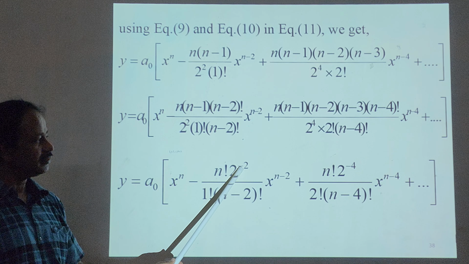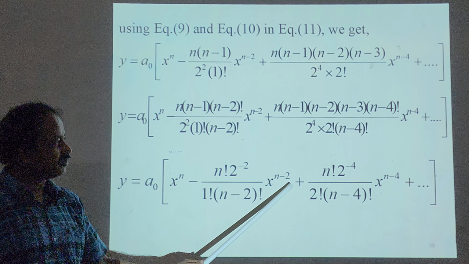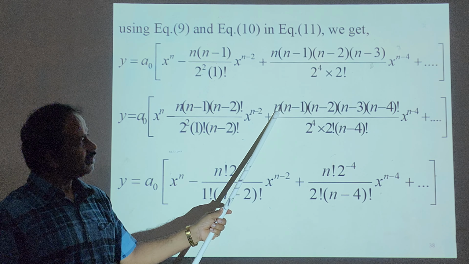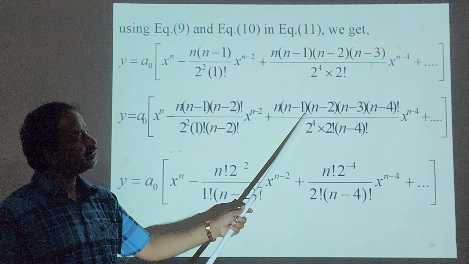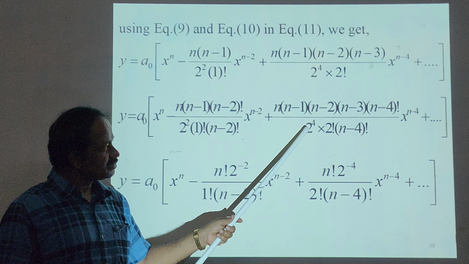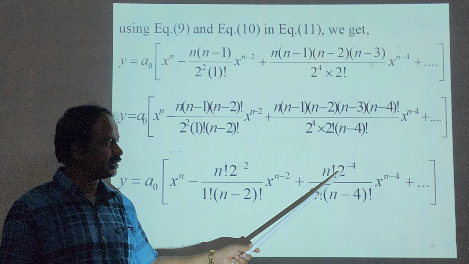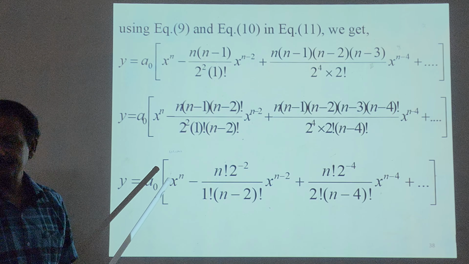Let it be x to the power n minus 2. Now the remaining term will be n minus 2 factorial. Now plus. As usual, n into n minus 1, n minus 2, n minus 3, n minus 4 factorial is nothing but n factorial divided by n minus 4 factorial. You just bring this term 2 to the power 4 to the numerator, we get 2 to the power minus 4, 2 factorial, n minus 4, the last term let it be like this.